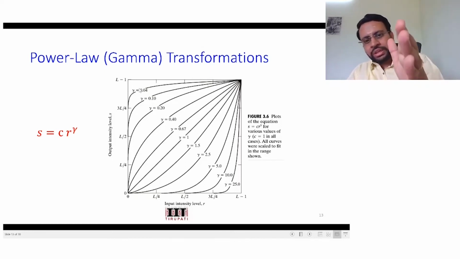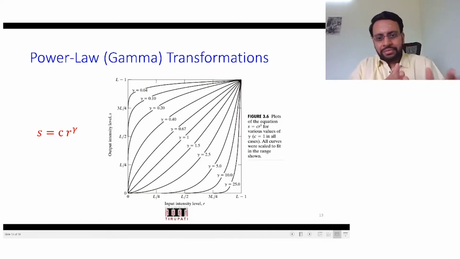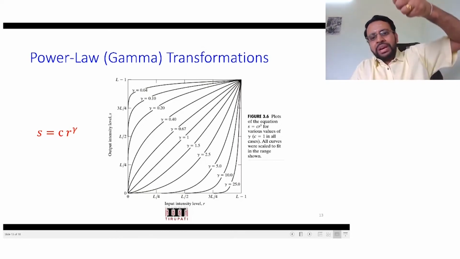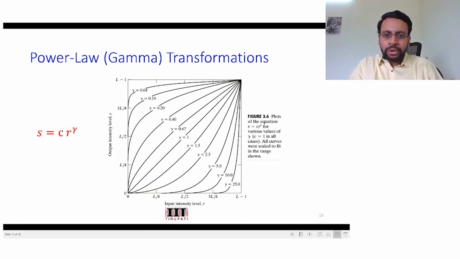Now you could see that when gamma value is less than 1, the lower intensity values are getting mapped to a broad range of intensity values compared to the input range. So if you have a dark image, or your object of interest has low intensity values, then using this transformation with gamma value less than 1, and of course you need to figure out which gamma is better for you depending on the image, would enhance the quality of your output image.